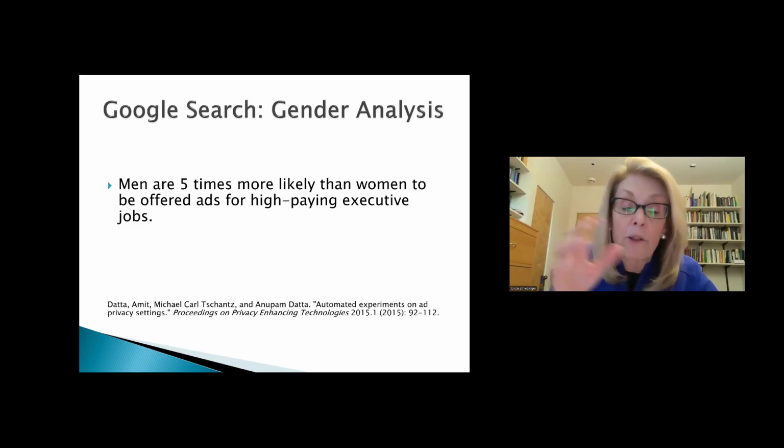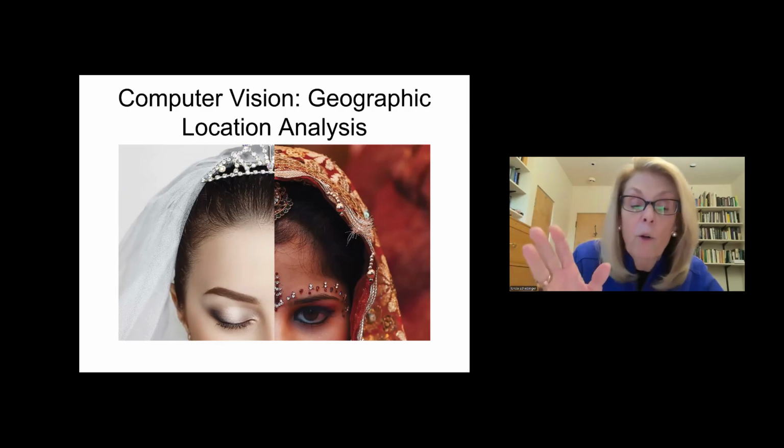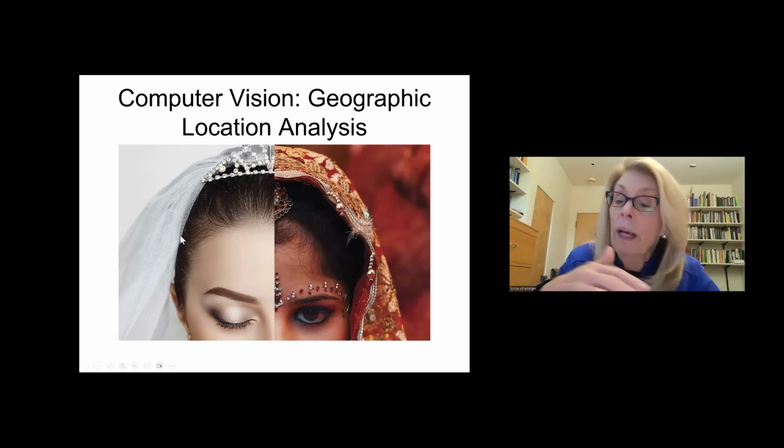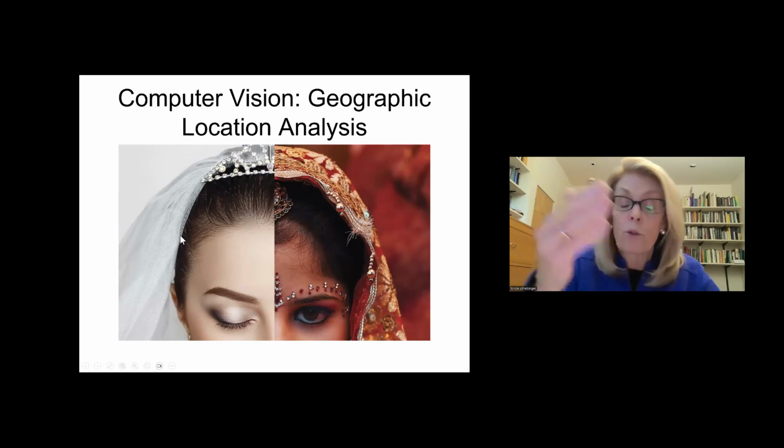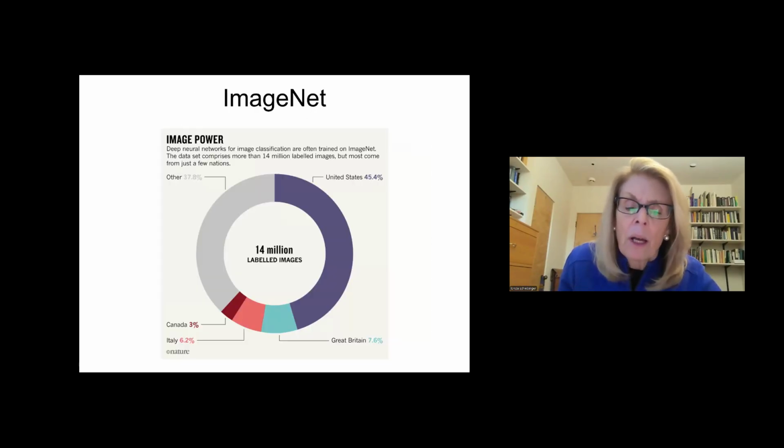Let's take another single issue analysis, the issue of computer vision. In computer vision, a photograph of a US bride, here dressed in white, is correctly labeled bride, dress, woman, wedding. But a photograph of a beautiful North Indian bride is mislabeled as performance art, red, costume. Why is that?